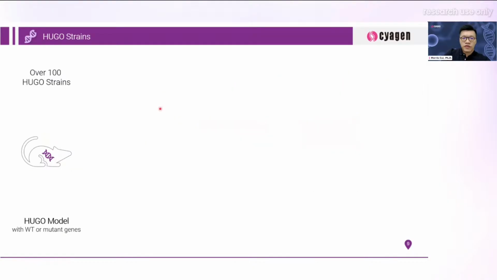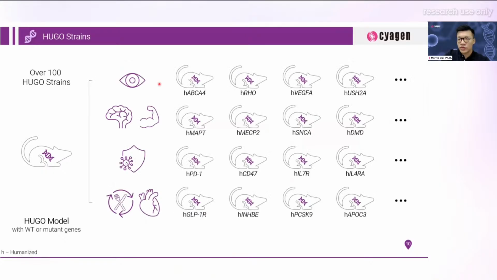So far, we have at Cyagen over 100 HUGO strains, including all sorts of genes related to different human organism functions.